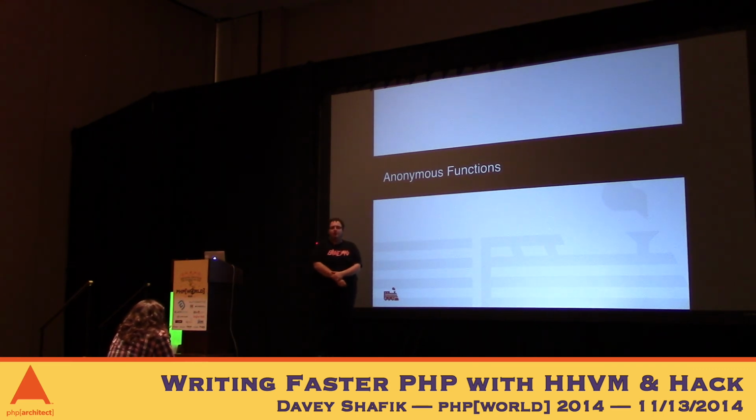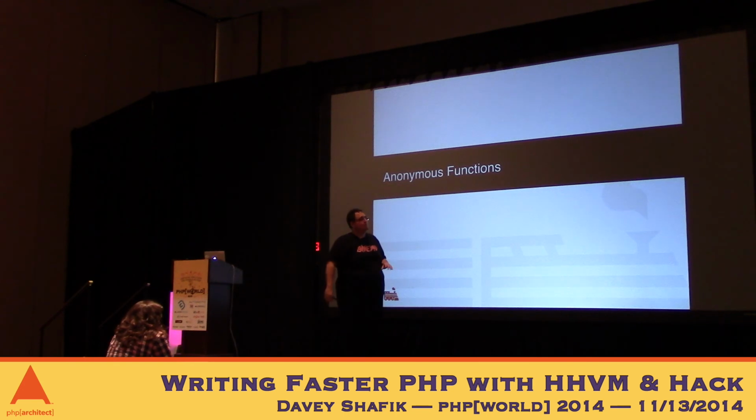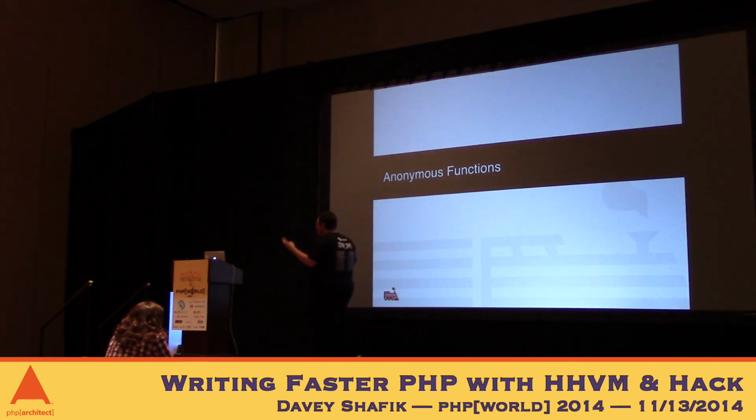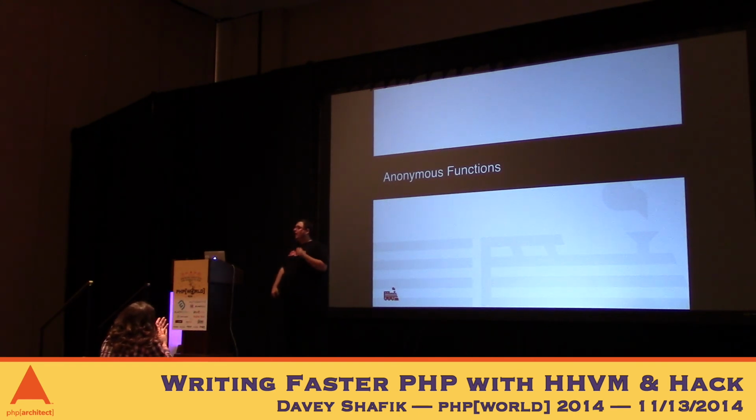Anonymous functions. We have them in PHP. If you saw my talk yesterday, they were added in 5.3. Closures are awesome, except for one little fact. One, they're kind of verbose, and two, they don't inherit scope. So what Hack did is said, well, we usually want the scope, and we end up passing everything in, so why are we doing this? So they added anonymous functions, so not closures. They're way, way more concise.